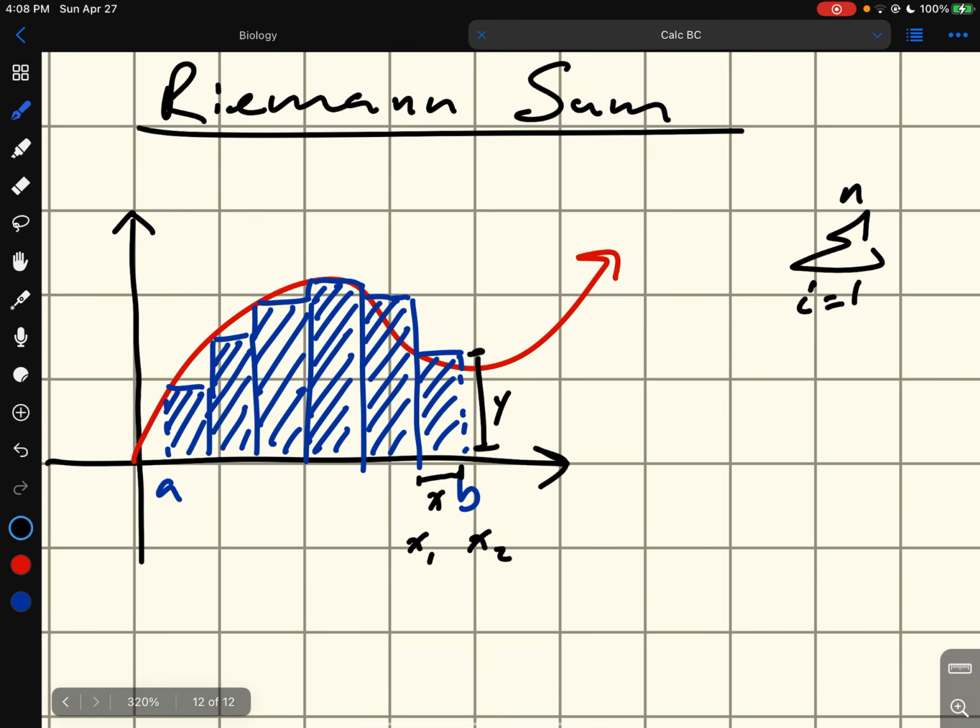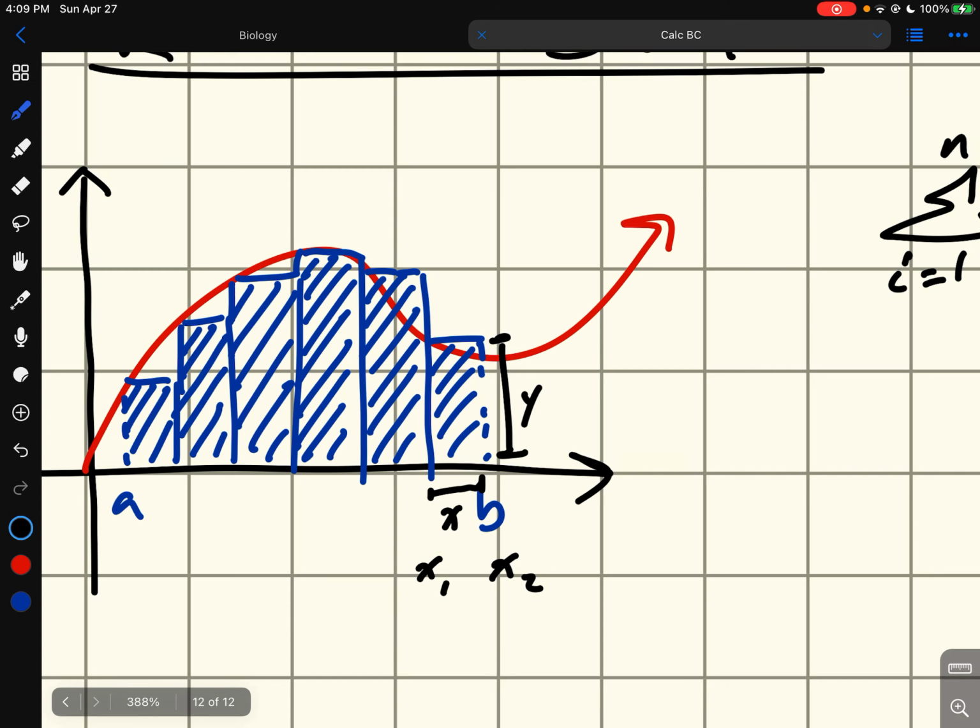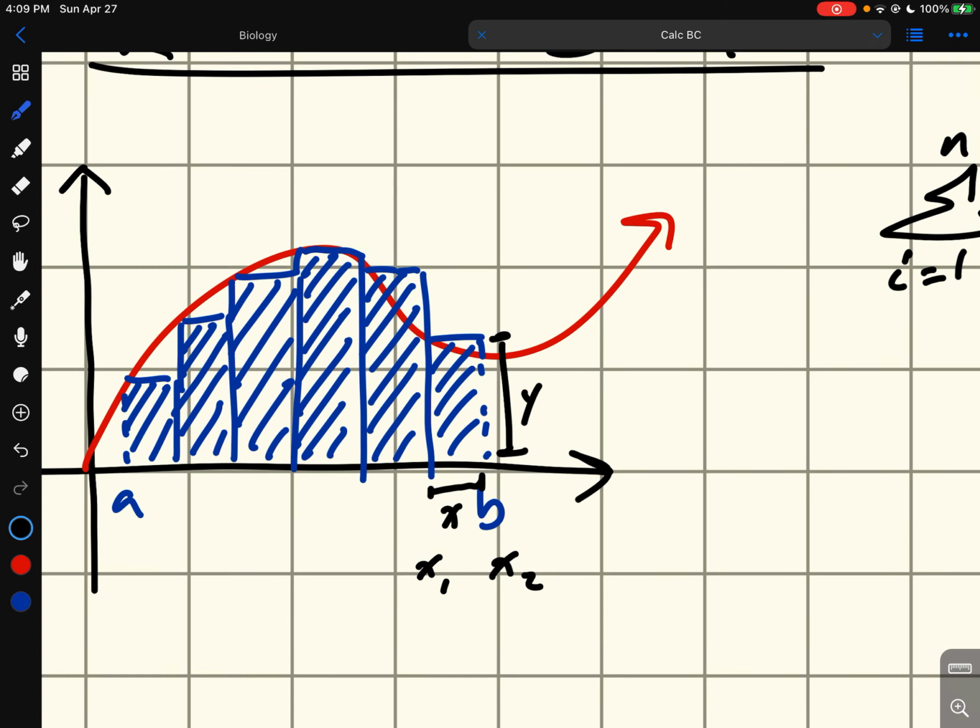And then we also have the height. The height is just the y value, because the height is going to be whichever side Riemann sum you pick, either this side or this side.